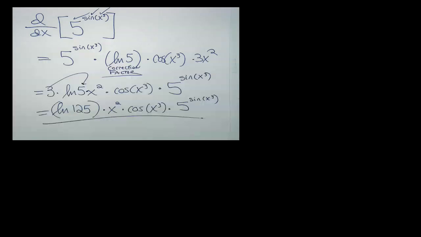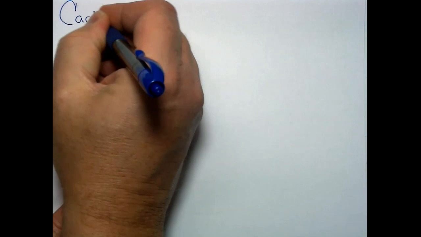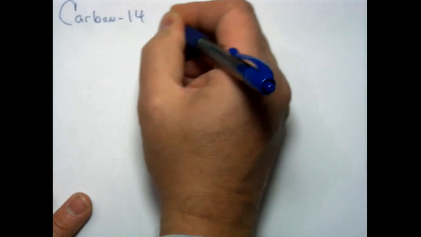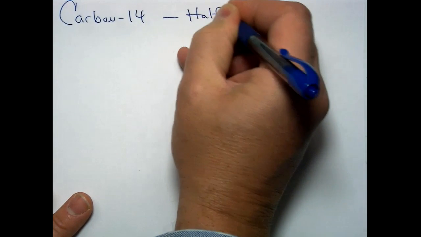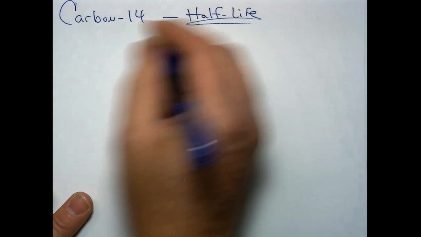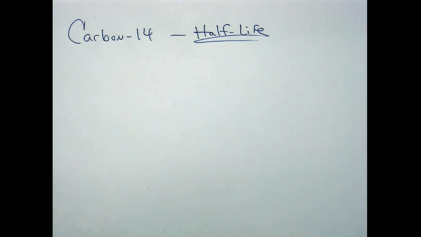So now for carbon-14, the half-life of carbon-14. Carbon-14, I should comment, is a radioactive isotope of carbon. So we're primarily designed with carbon-12, which is your standard run-of-the-mill carbon atom.